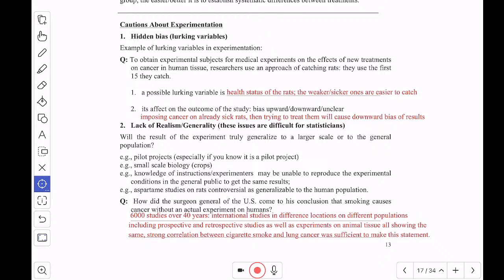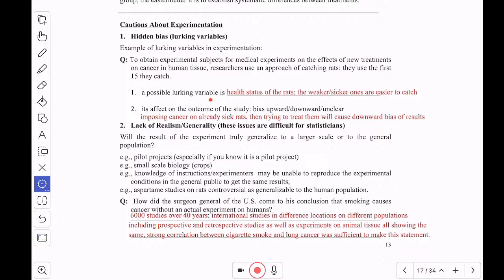They put cancer on them, you've subjected them to radiation or something, and then you've given them some treatment. The likelihood that they'll survive is much lower. So that's why I say downward bias.